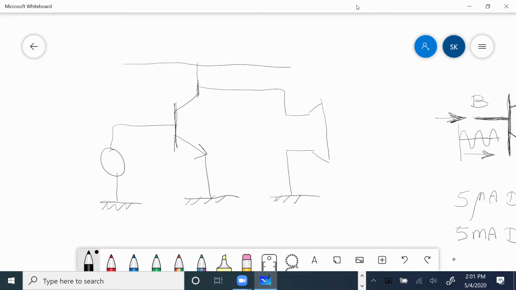If I just apply a battery there, and if I connect a microphone signal there, how do I apply the microphone signal? This is the microphone. The voltage is from a microphone.